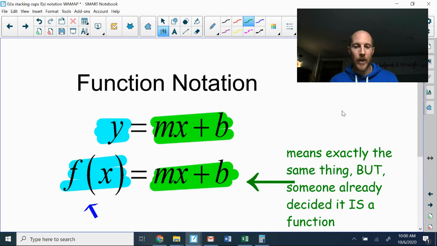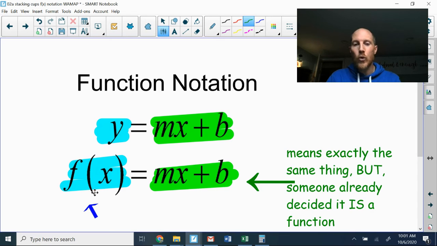We don't always have it attached to an equation. Like today, we're going to be working with tables and graphs and stuff. But when we do see it with an equation, or even without an equation, it often takes the place of y. So instead of an x and a y, we're going to have an x and an f of x, the f standing for function notation, or it could be h of x if we're talking about the height of a stack of cups. So it could be whatever label makes sense based on the problem we're doing.